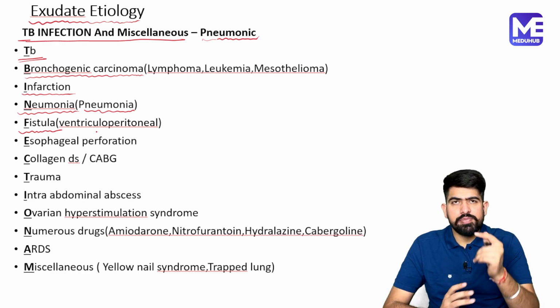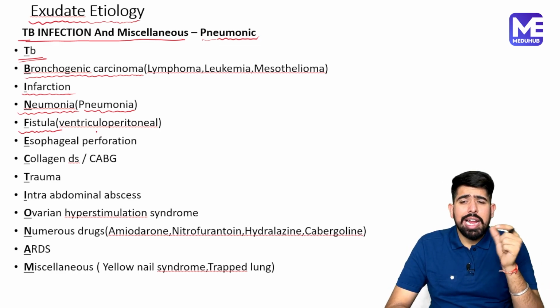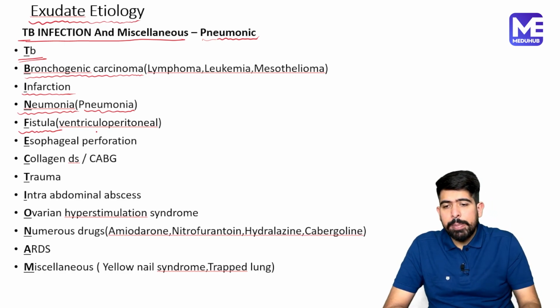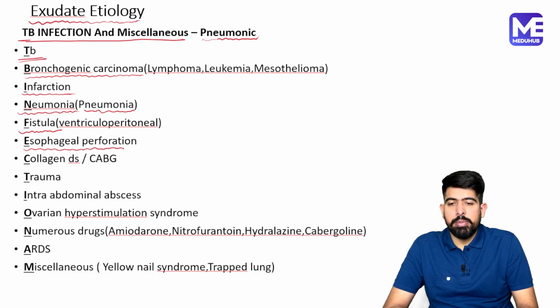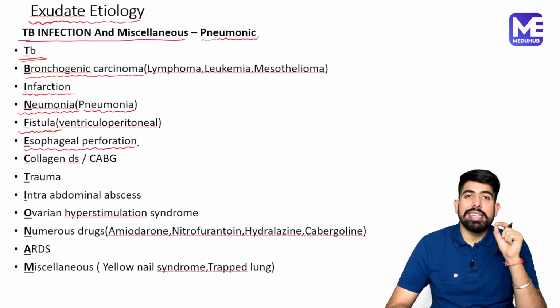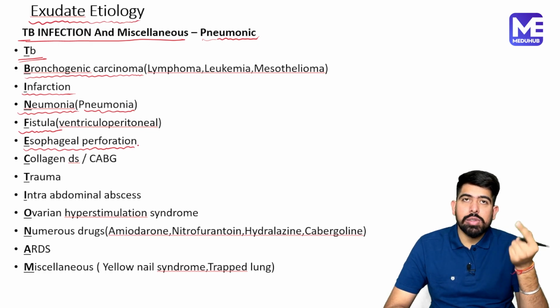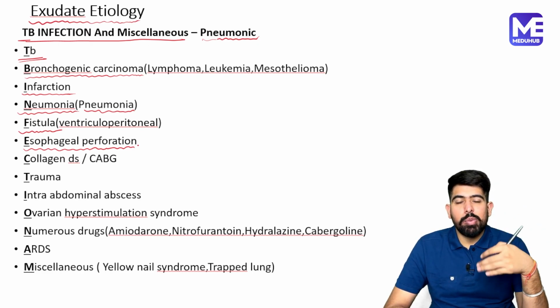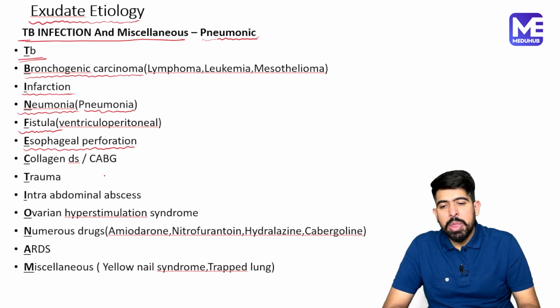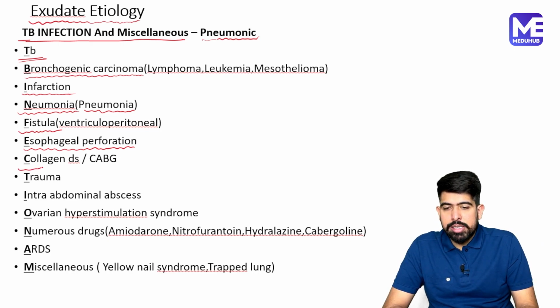There will be a tracheoparietal fistula, and due to this fistula there will be accumulation of fluid, right? And esophageal perforation, please remember about it. Maybe there is a perforation in the esophagus, it can also cause pleural fluid to accumulate, right? C is about collagen diseases.